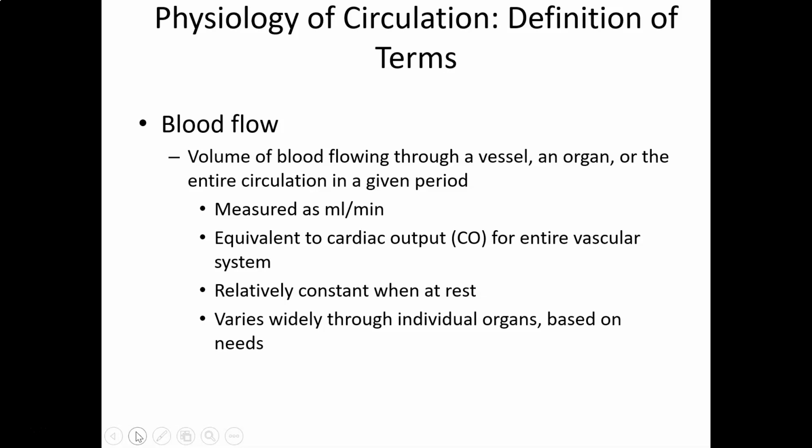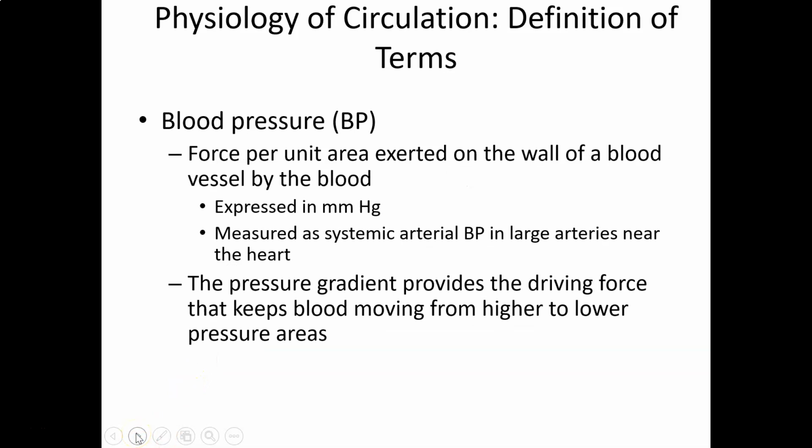At rest, blood flow is pretty constant. But blood flow varies a lot through individual organs. For individual organs, blood flow is based on need. So when your muscles need more blood, they get more blood. When your stomach needs more blood, it gets more blood, etc.